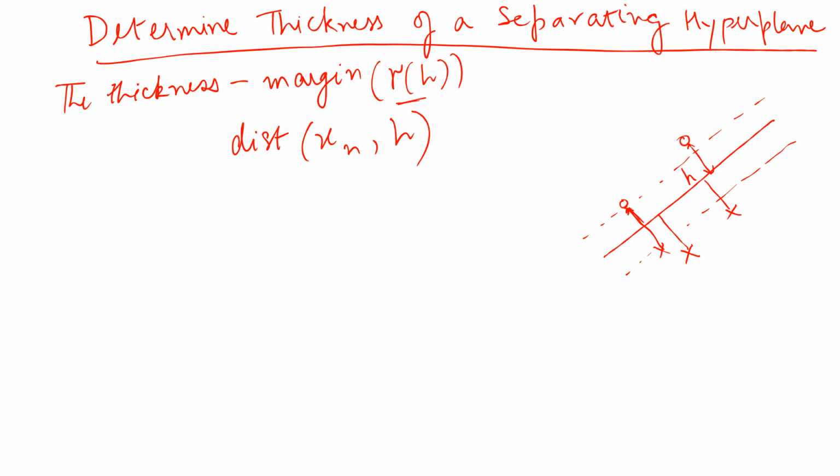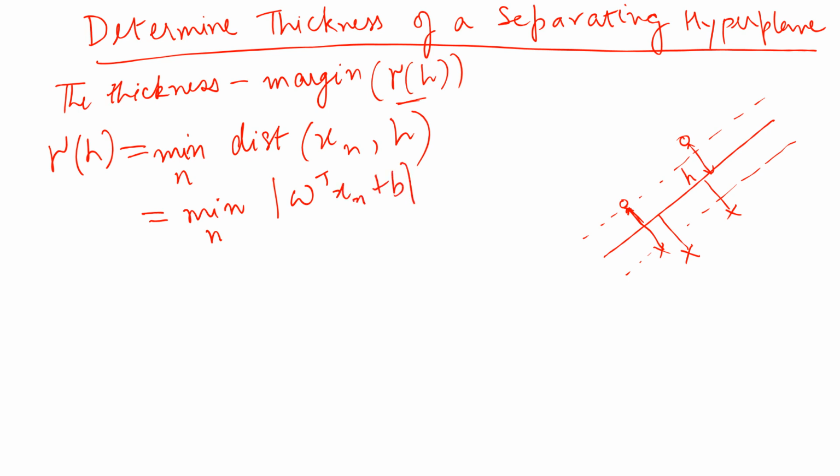And so that's why my thickness, which is my gamma of h, is going to be the minimum over all points n of the distance, correct? And what is my distance in itself? So basically what I'm trying to figure out is the minimum over all points n, and by definition we already have this with us, which is the absolute value of w transpose xn plus b, over the norm of w.